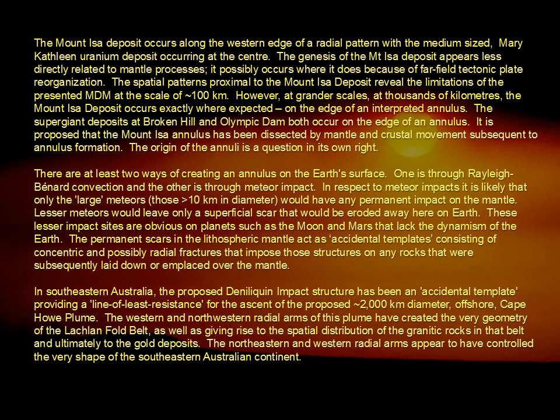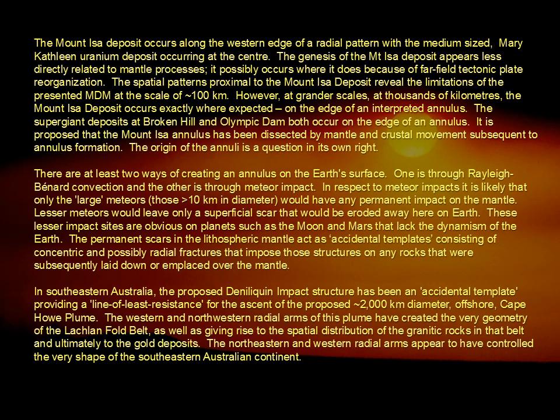These lesser impact sites are obvious on planets such as the Moon and Mars that lack the dynamism of the Earth. The permanent scars in the lithospheric mantle act as accidental templates consisting of concentric and possibly radial features that impose those structures on any rocks that were subsequently laid down or placed over the mantle.